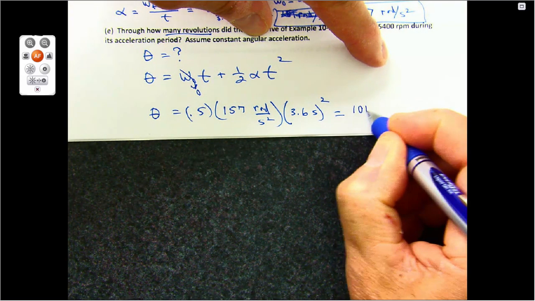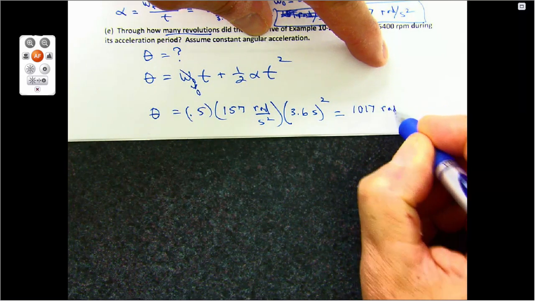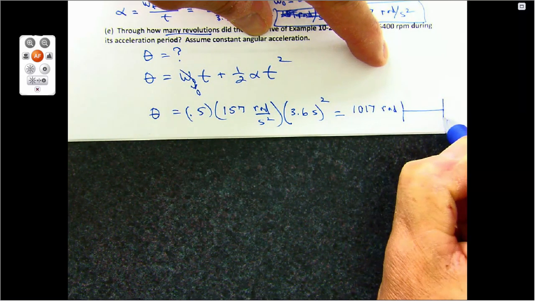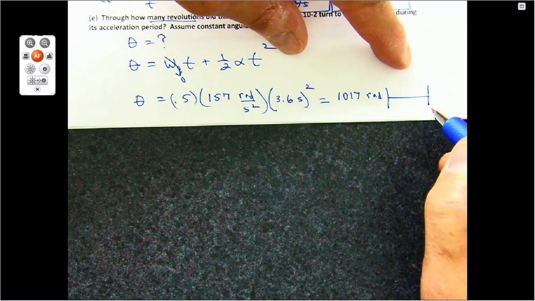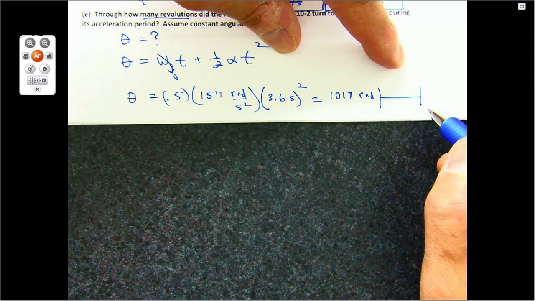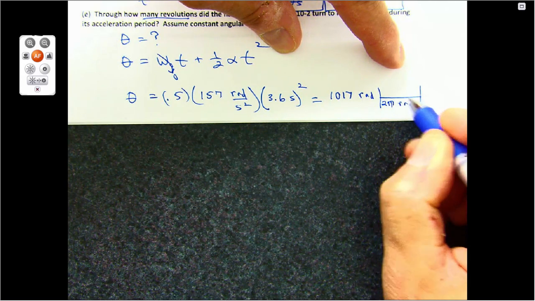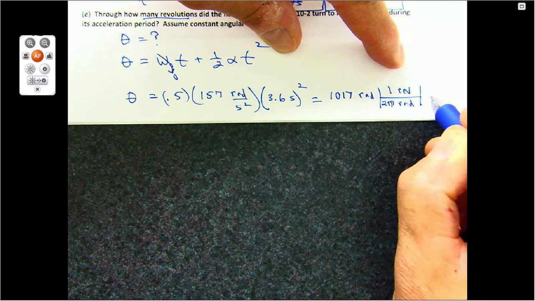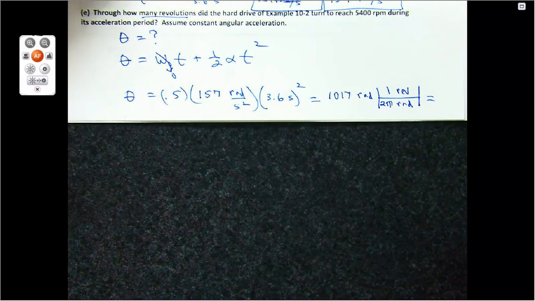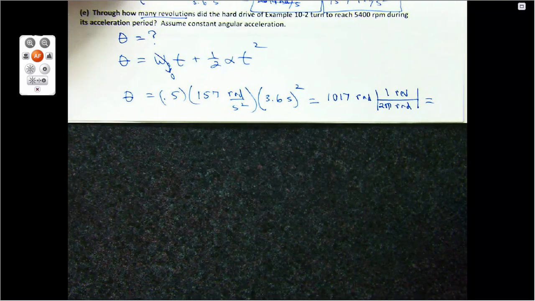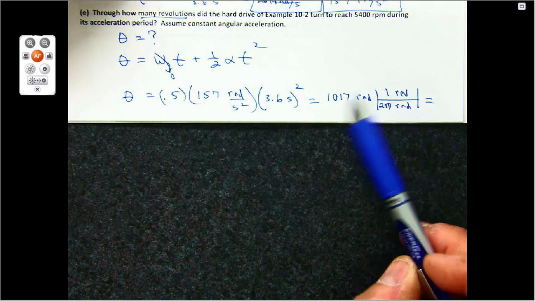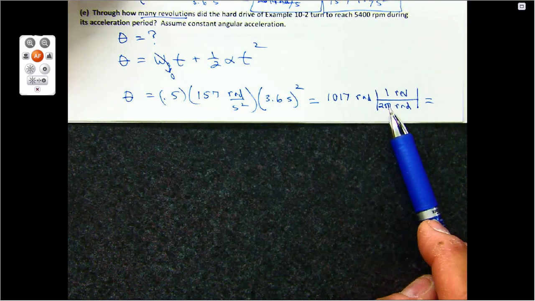So we get 1,017 radians. And then, how many radians in a revolution? 2 pi radians in 1 revolution. How many revolutions? Well, 1,017 divided by 2 divided by pi. What do we get?